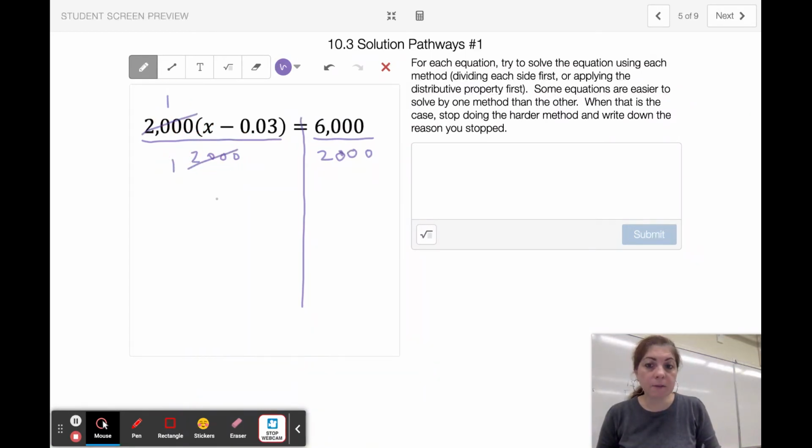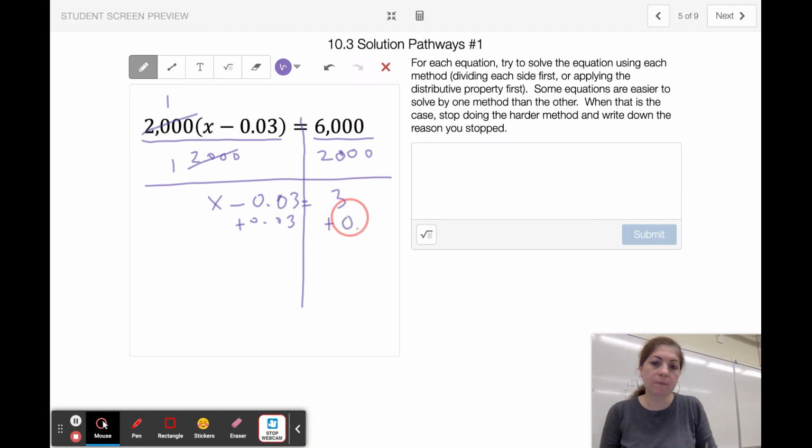So on the left side, we are going to have x minus 0.03 equals 3. When I divide 6,000 by 2,000, I will get 3. Now, if I want to get rid of minus 0.03, I'm going to add this number to both sides.